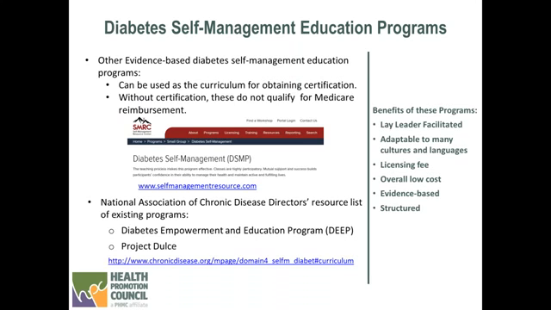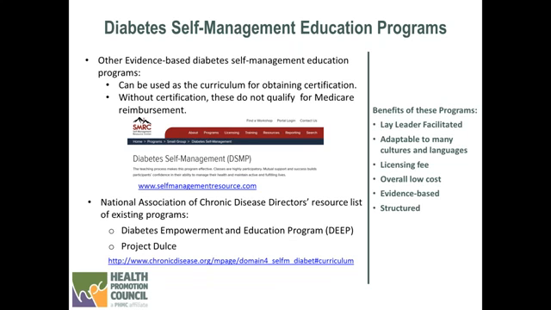Some of the other resources that are available, I provided some links. There are organizations using the Self-Management Resource Center, which was formerly known as the Stanford University Suite of Programs. These can be used as curriculum for certified programs. The National Association of Chronic Disease Directors has an excellent resource list of other evidence-based programs that can be used within the setting.